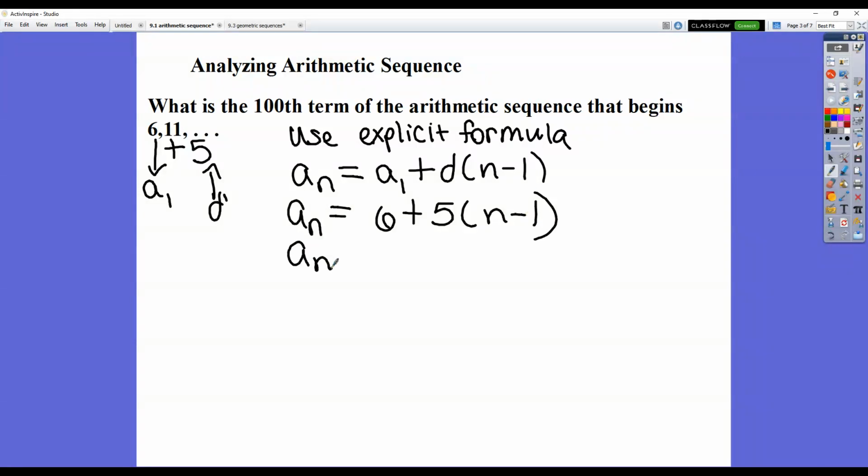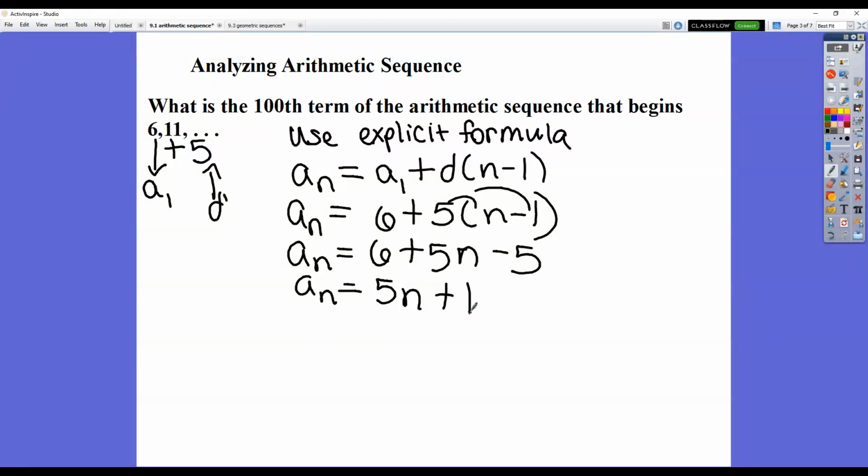And then let's go ahead and distribute. And then I add my like terms. So it's going to become 5n plus 1. I'm going to put n first because it looks better. Okay, then what is the 100th term? This is saying n equals 100.